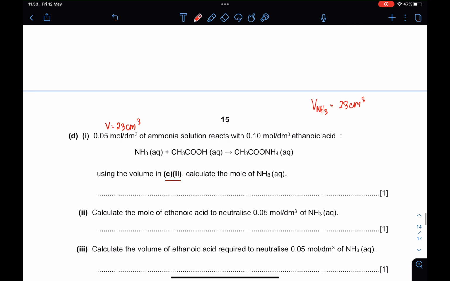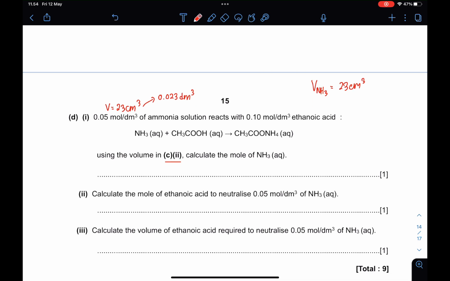Using this, calculate the number of moles of ammonia. We can change the volume into dm cube by dividing by 1000.